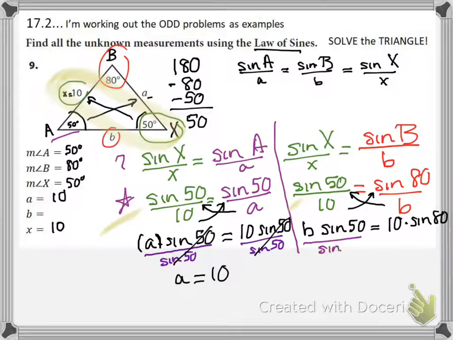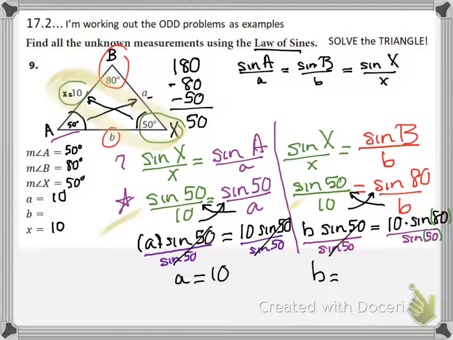Divide sine 50. And I get b equals 10 times sine 80 divided by sine 50. Now, depending on your calculator, you might need to throw in parentheses here, parentheses here.